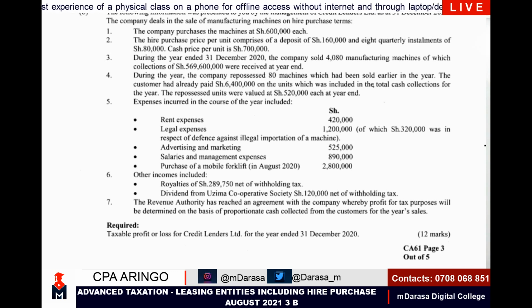Because remember, in this case, they can pay for more than 1 year. So the company agreed with the Revenue Authority that for tax purposes, we are going to consider the proportion of cash collected from the customers for the year's sales. So the moment you've seen that case, the concept of unrealized profit should always click at the back of our mind, whereby I am accounting for a proportion of cash collected.